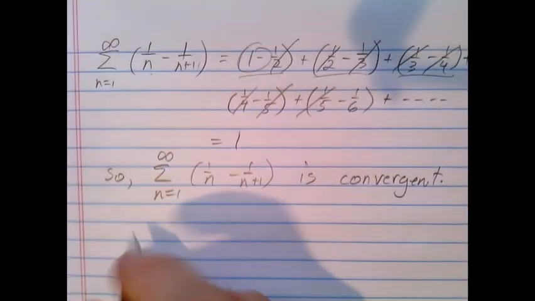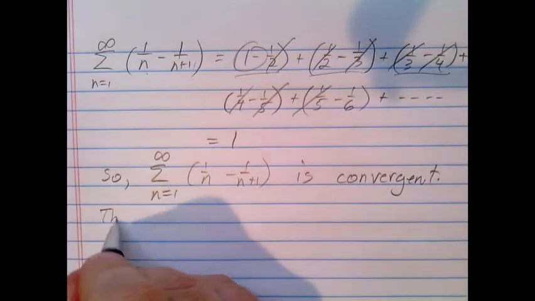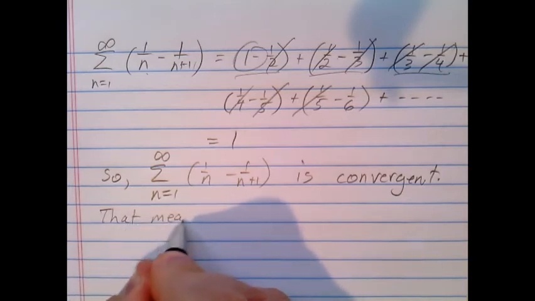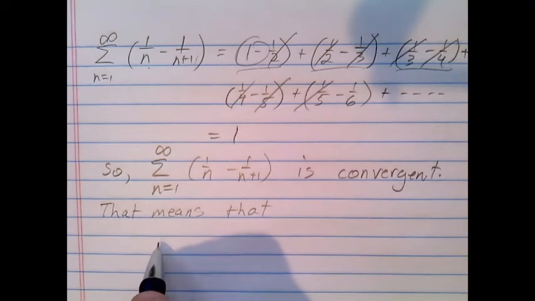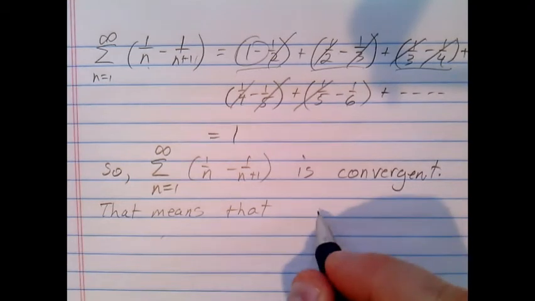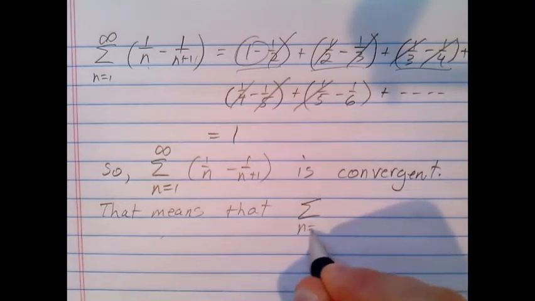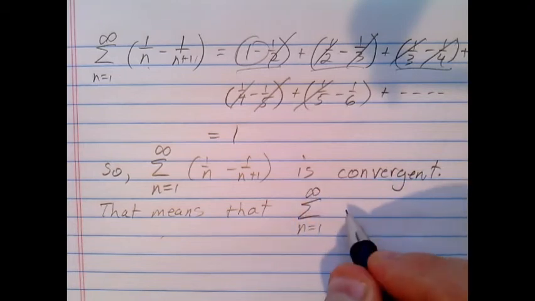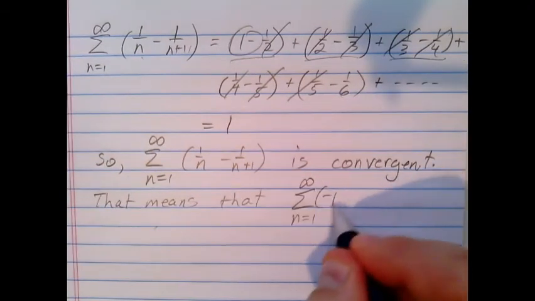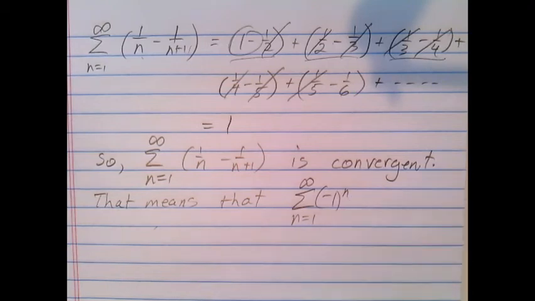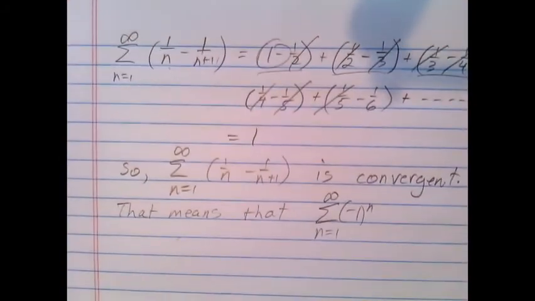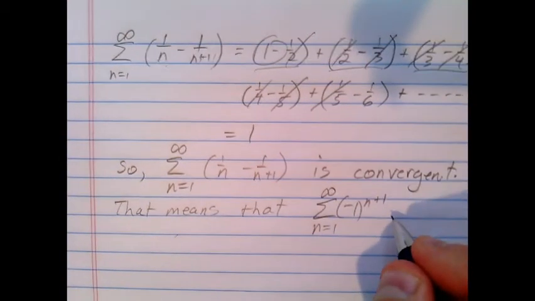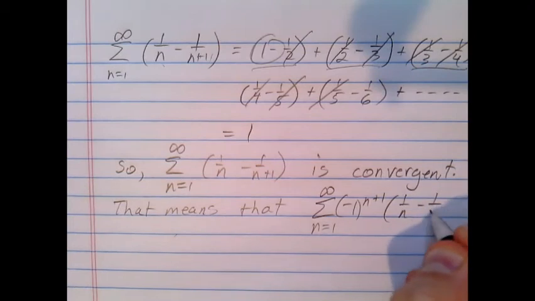Here's what that tells me. That means that the original series we had, the original series in 275, is (-1)^(n+1) times (1 over n minus 1 over n plus 1).